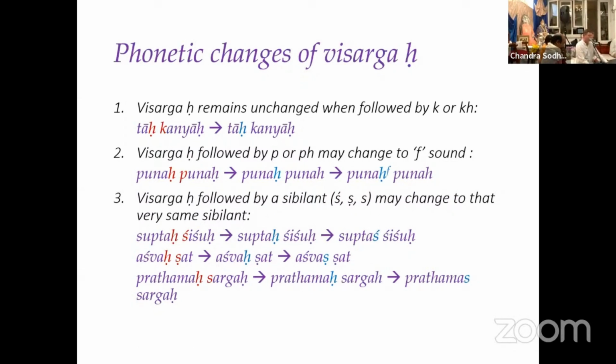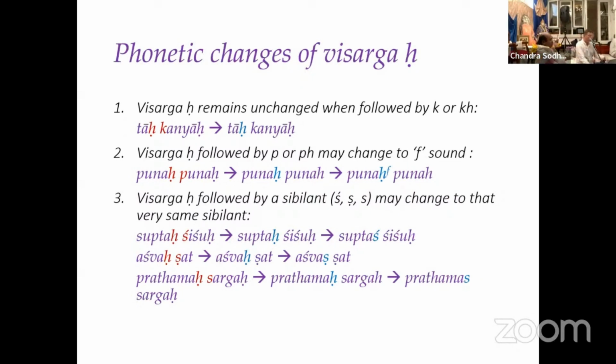Tah, Kanyach, for example. But when Visarga is followed by P or Ph, they change into the F sound. So Punaha, Punach, and this is a very important change. We should not skip it because, as was being said, it can change the meaning of the mantra itself.